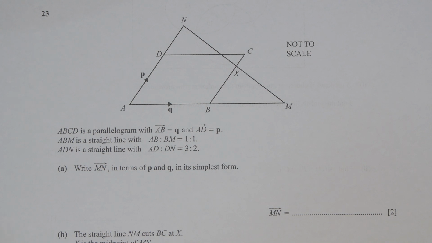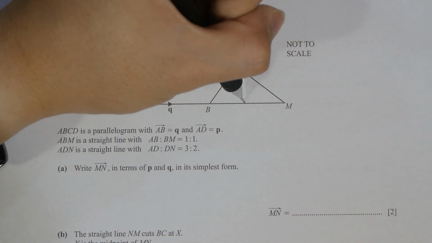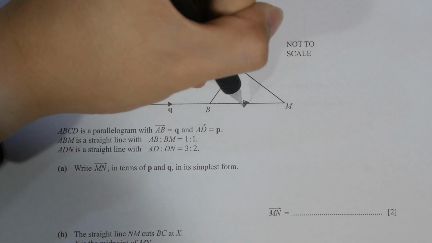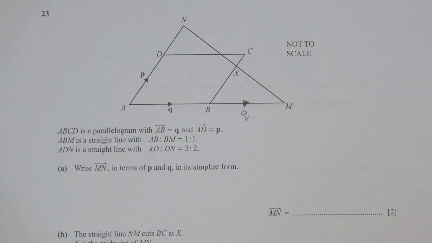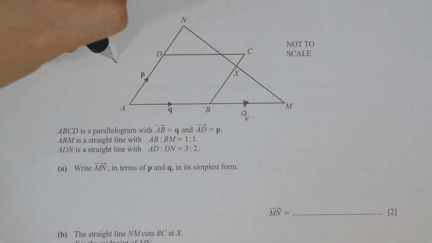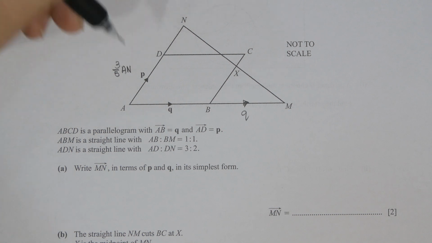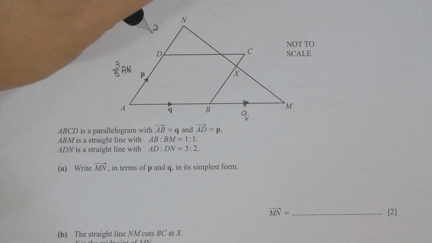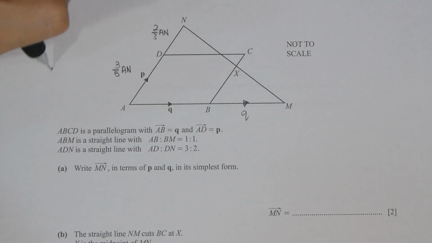Let's go into question 23. As usual, I fill up all the information that I have first. Since they mentioned ABCD is a parallelogram, you should know that AD equals BC, DC equals AB. Next, let's look at the ratio. AB to BM is 1 to 1, which means BM is also Q. AD to DN is 3 to 2.